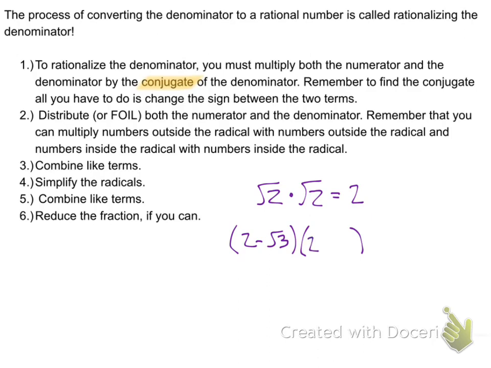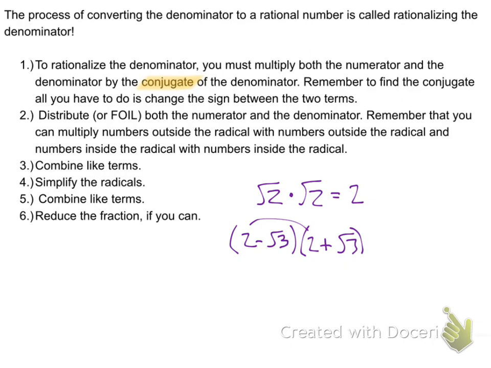So 2 and square root of 3 still stand. But instead of being minus, you make it a plus. These two terms, these binomials, are what we call conjugates of each other.